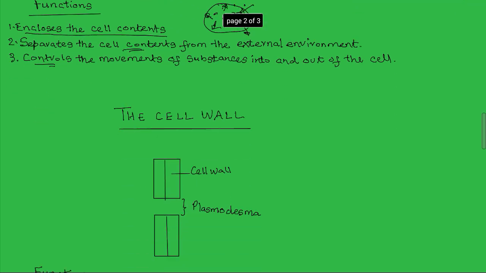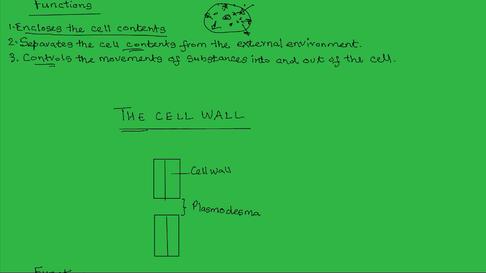The cell wall is a structure that is found in plant cells only. Plant cells have, in addition to the cell membrane, an external structure that is the cell wall.